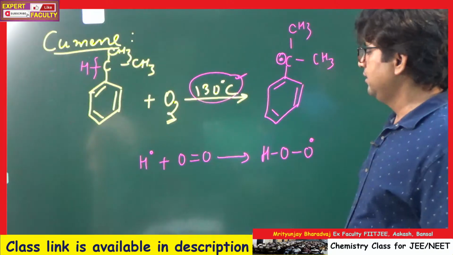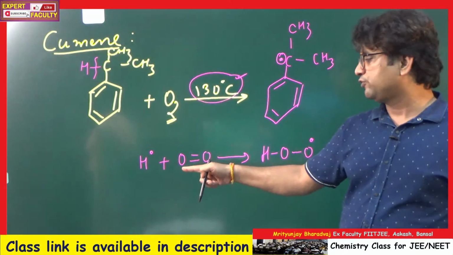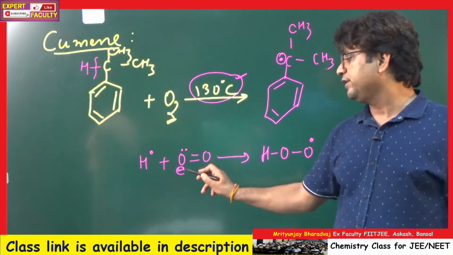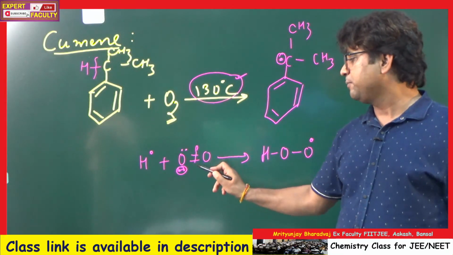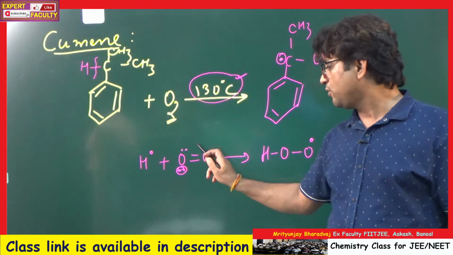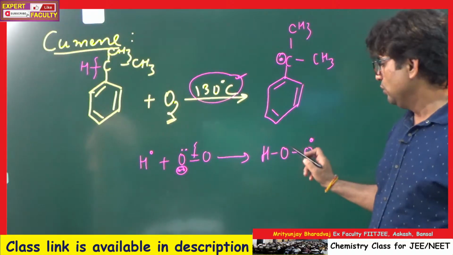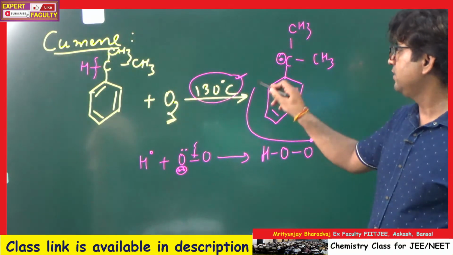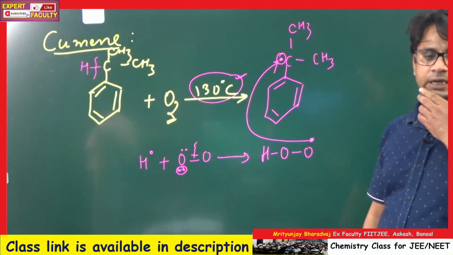HOO free radical. Now this hydrogen can get bonded to oxygen only if oxygen provides an electron for sharing. So this pi bond will undergo homolysis, the pi bond only, not the sigma. Again a free radical will be generated at the oxygen, and this oxygen will get bonded to carbon.